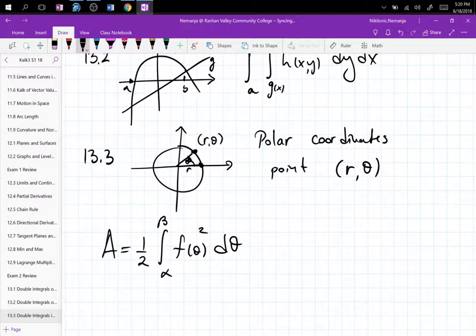Now, this f of theta over here is, from knowing the pre-calculus of polar coordinates, r equal to f of theta. So theta, the angle, is the input, and r would be the output. It works a little bit different than the regular functions, but it works for all purposes here.